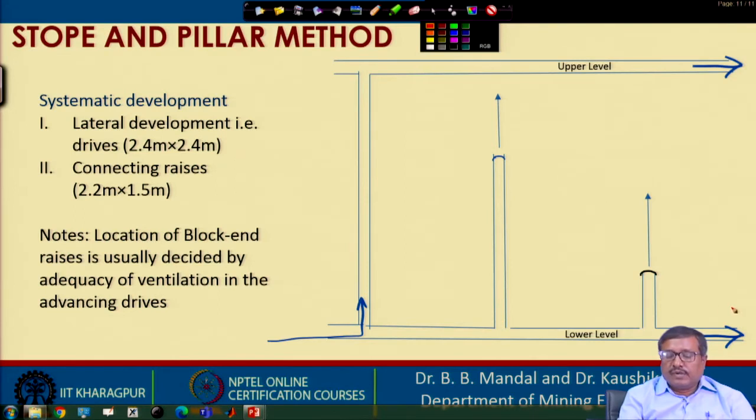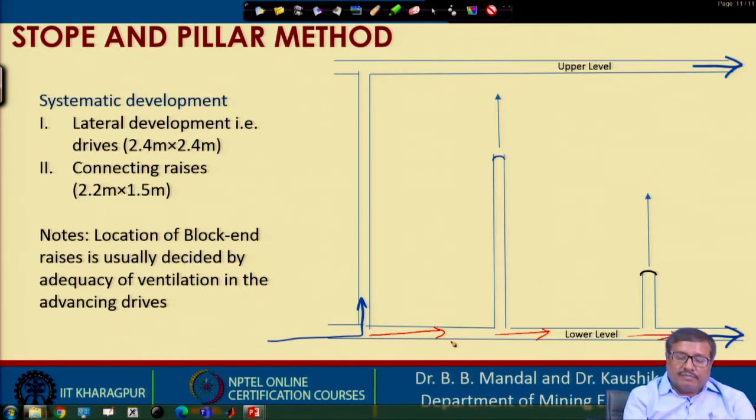Remember that when you are moving in this direction, you are actually in a blind area, that means it is not ventilated. So, you are using some artificial methods, a fan and duct, for ventilating.